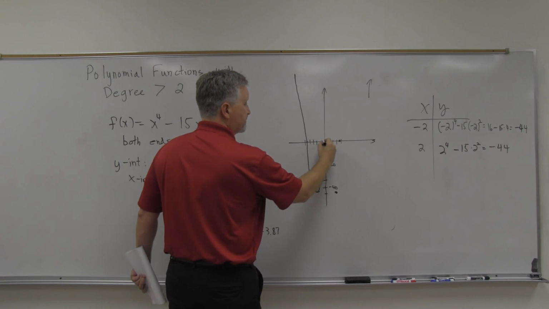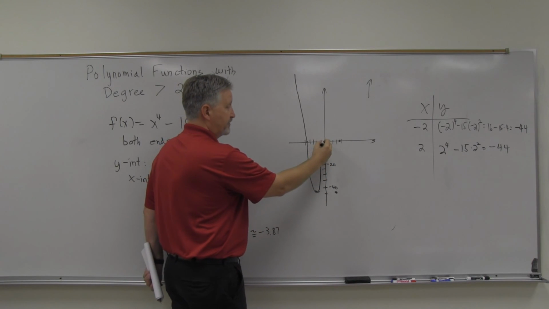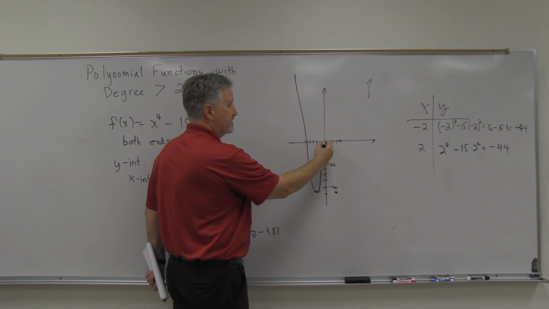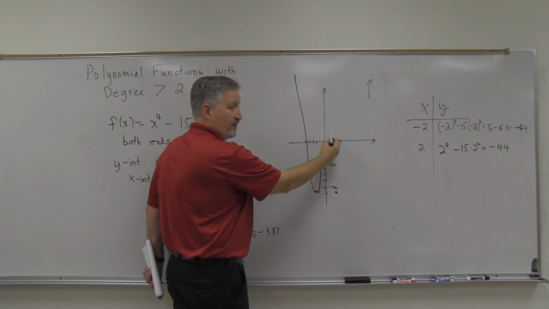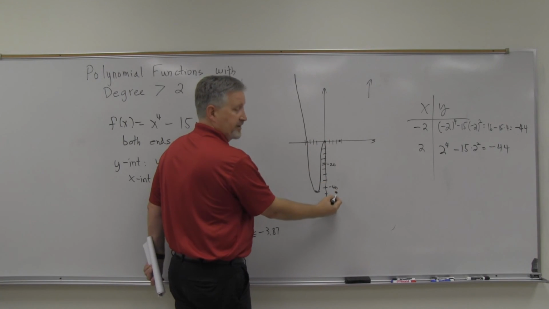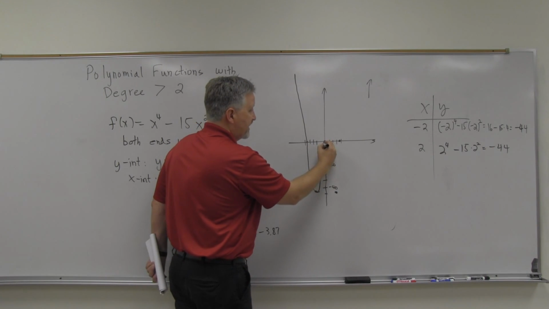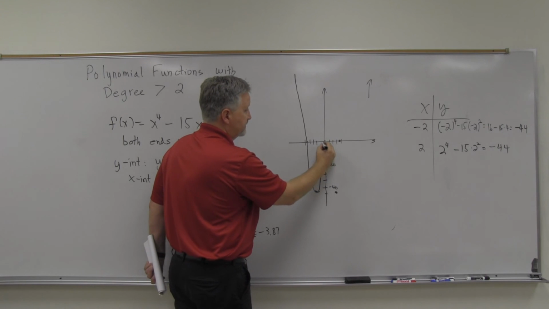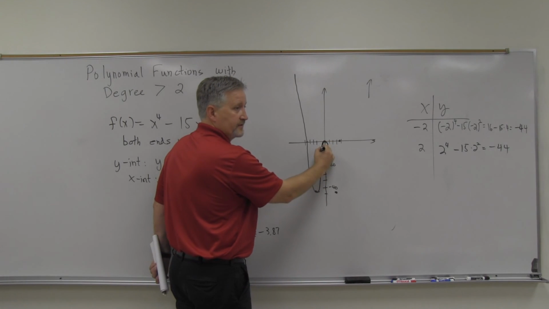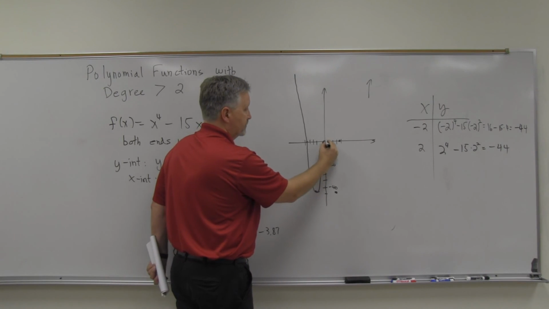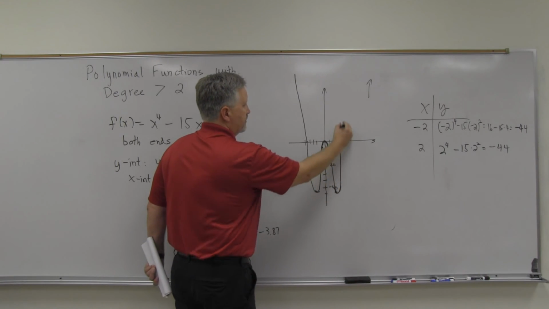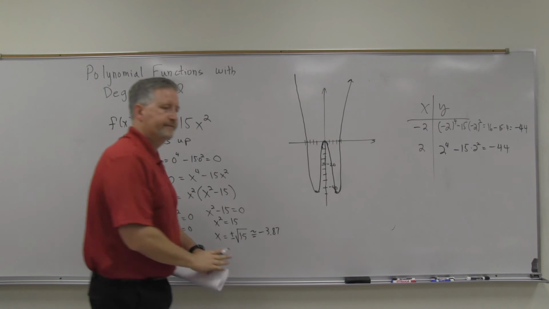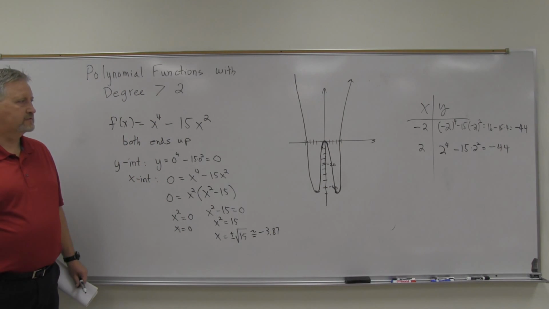But when it comes to this point, we've got the y-intercept, x-intercept, but where does it go from there? Back down. It's got to go back down. It doesn't cross it there, because if I cross there, I'm not going to be able to go through that point. Am I? So it just kind of turns around there. That's why I wanted to show you this one. There's a turnaround at that x-intercept. And then it goes back down and back up. Okay?